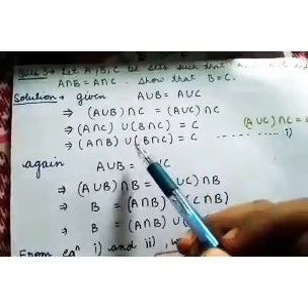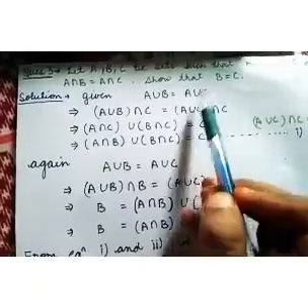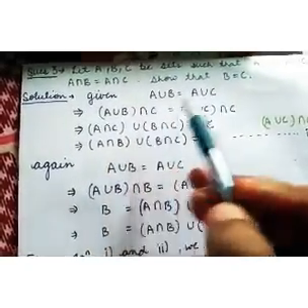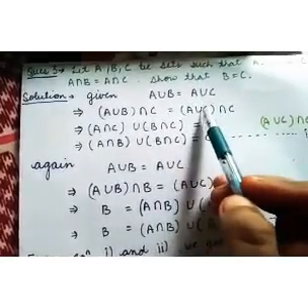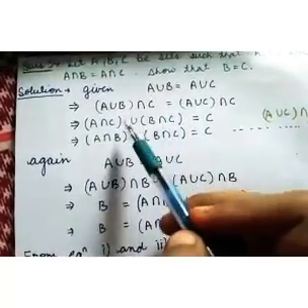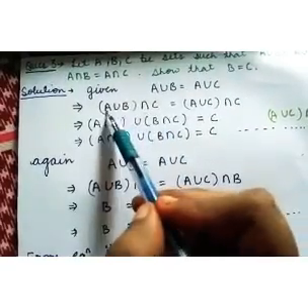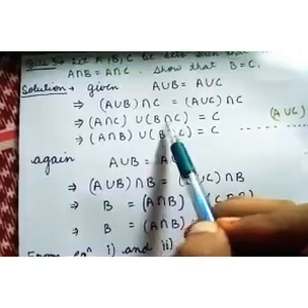Now what we will do in the first step, we will take the intersection of both of these sets with C. So (A union B) intersection C equals, in brackets, (A union C) intersection C. What we have done, we have taken intersection of these given sets with C. Then (A union B) intersection C becomes (A intersection C) union (B intersection C).